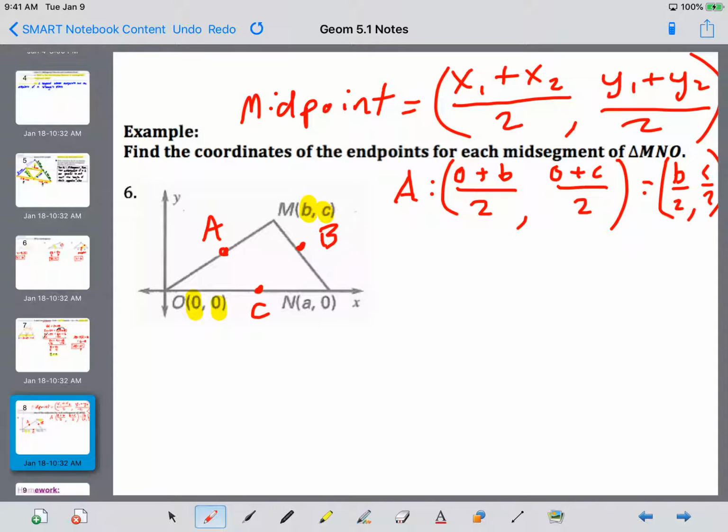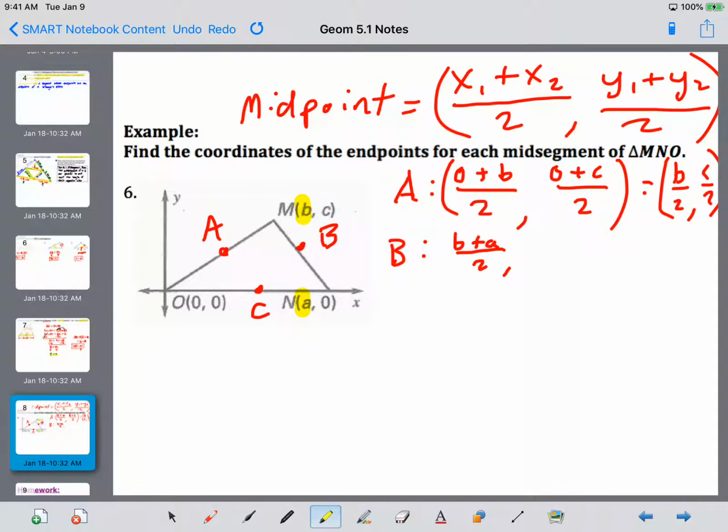Okay, so we're going to go ahead and do that for the second 2 points. So let's do point B next. I'm going to erase these highlighters so we can see what points we're looking at. All right, so for point B, we add the x-coordinates. The x-coordinate of M is B, and of N is A. So we're going to take B plus A and divide it by 2.